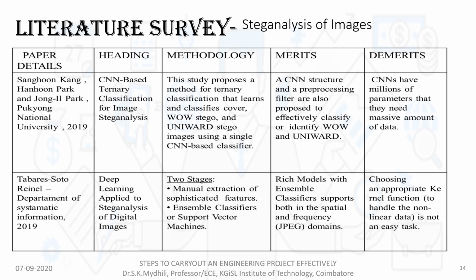Why am I asking you to specify the methodology, merits and demerits? When you go for the abstract point, you should know what was followed in the previous research, what benefit that research gave, which is given by the merits, and what the drawbacks are due to the technology or methodology they followed, which will be given here.